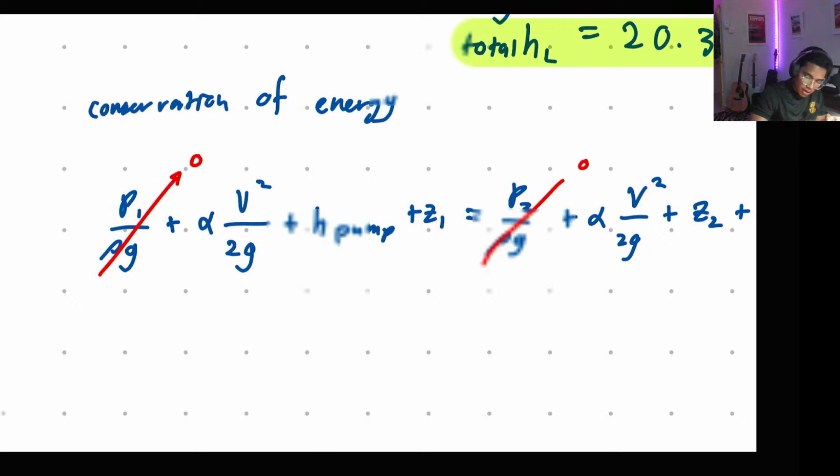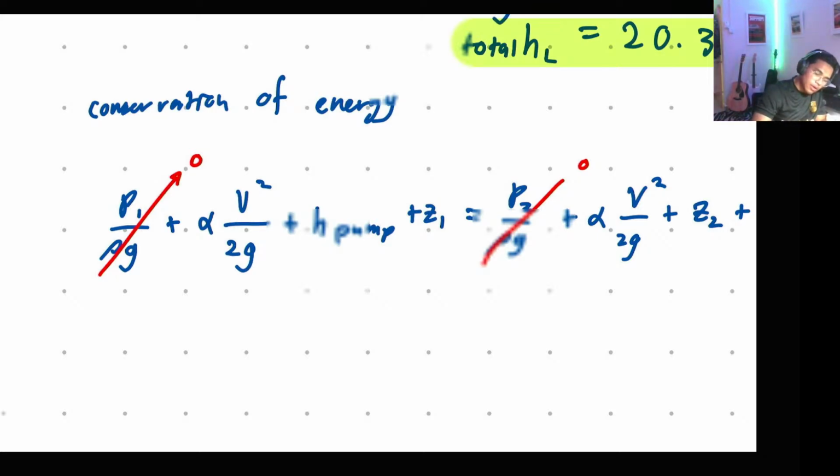There is the required input and 82% pump efficiency. So pump efficiency is equals to output over input. Required output is 2.285 over input equals to 82%.